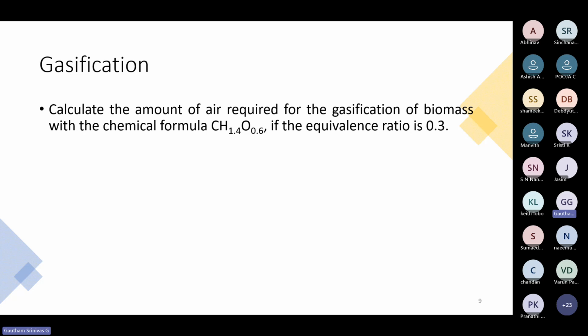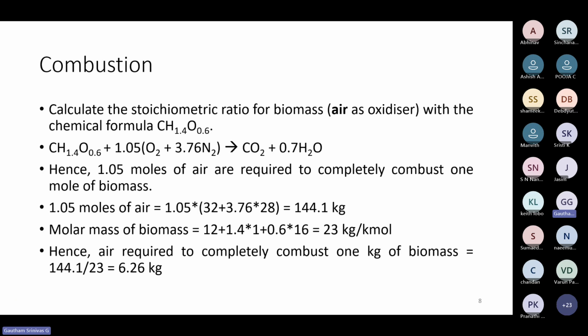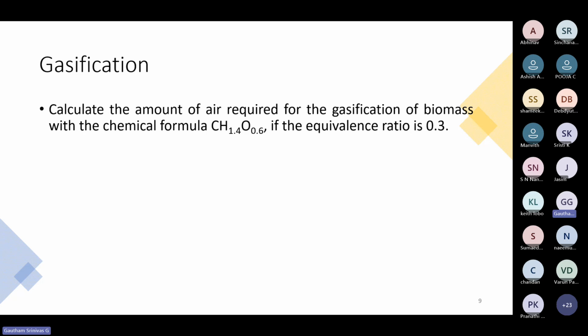You can refer to the previous lecture to find out the actual amount of air that you need to give if you have to maintain this equivalence ratio. The stoichiometric air requirement is calculated from the previous step. So this is the stoichiometric air requirement, 6.26 kilograms. Got it? Now calculate how much is the actual amount of air that you need to give in.